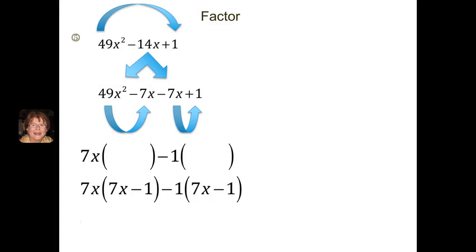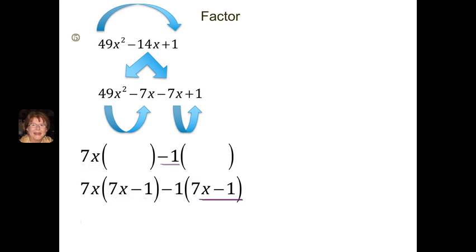When I do that, for the first two terms, when I divide that GCF into both terms, I get 7x minus 1. In the second group, I divide -1 into both terms, and that gives me 7x minus 1.